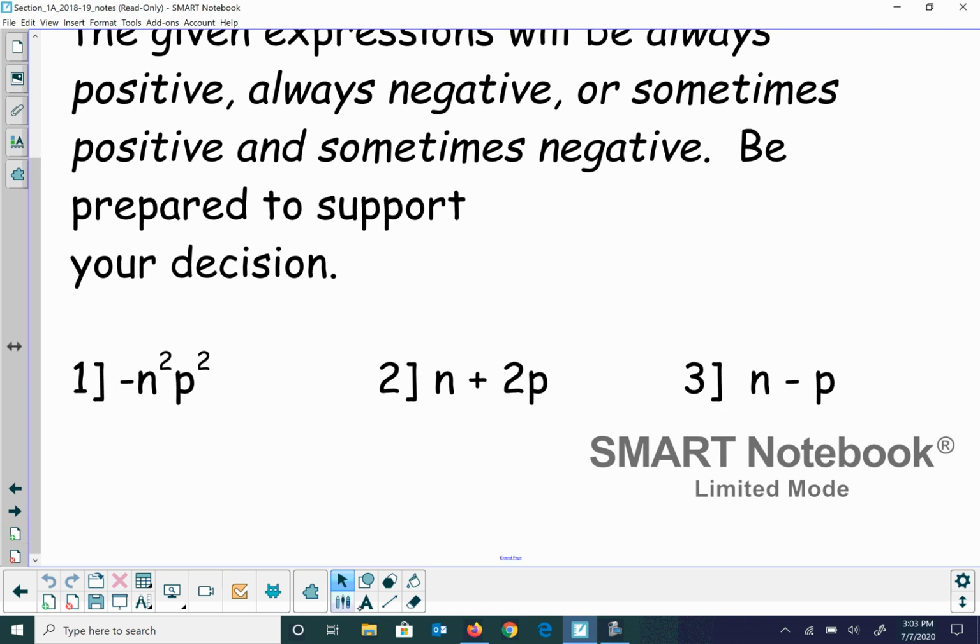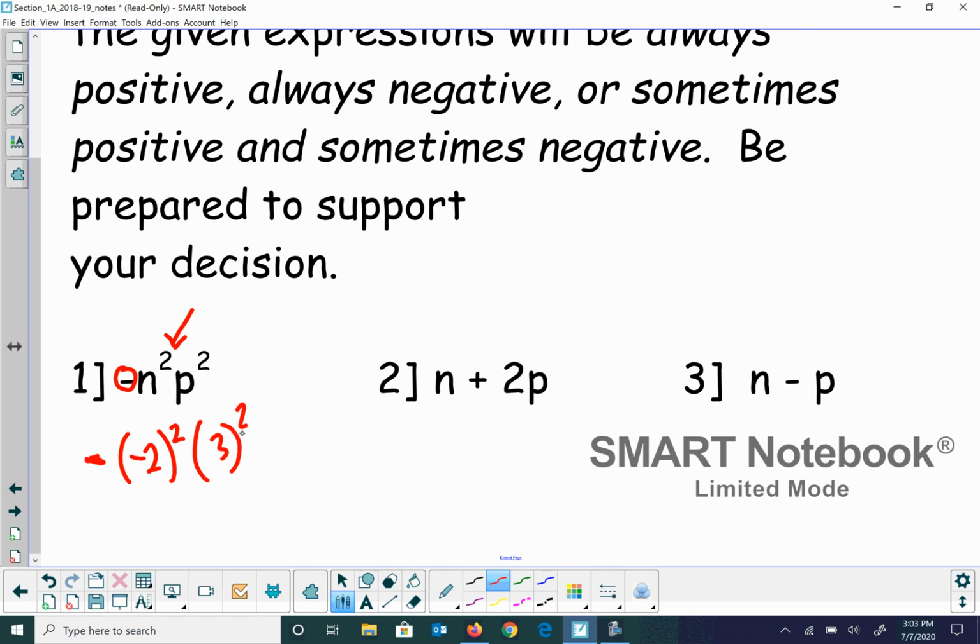So we have a negative number, but there's one little key that we have to see here. That negative out front does not get influenced by this exponent. Okay, so that means that negative's got to come along. So if we were to take -2 and plug it in and square it, and then take a positive number, say, I don't know, 3, and square it.